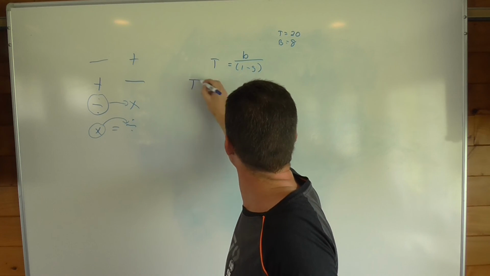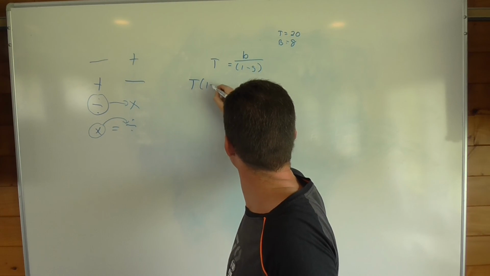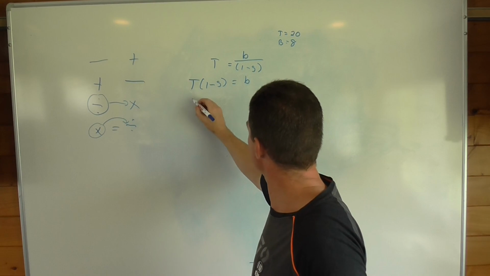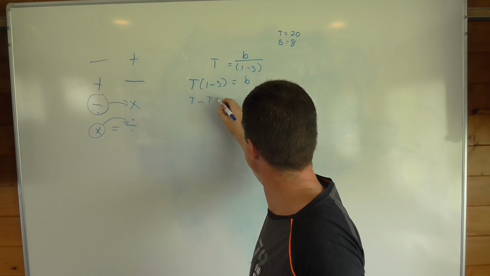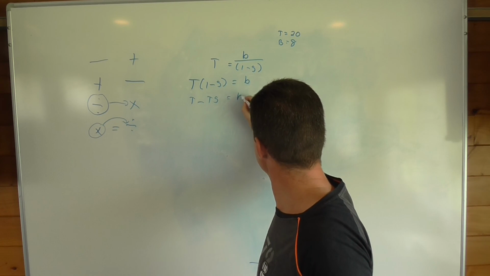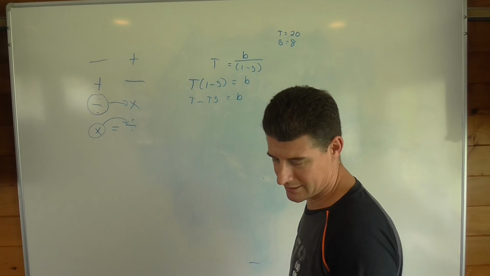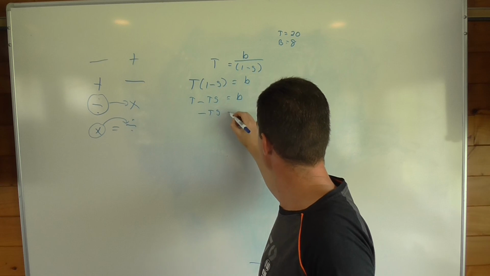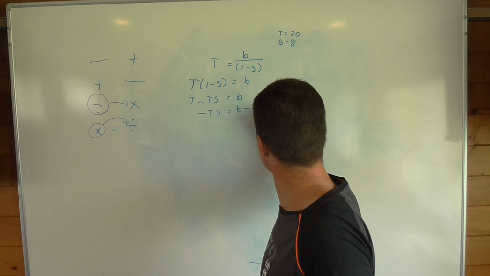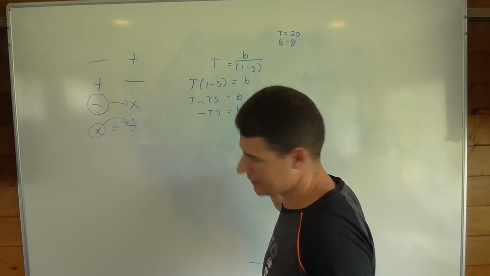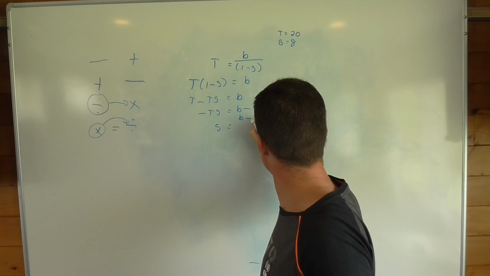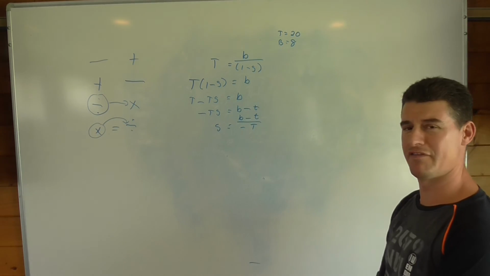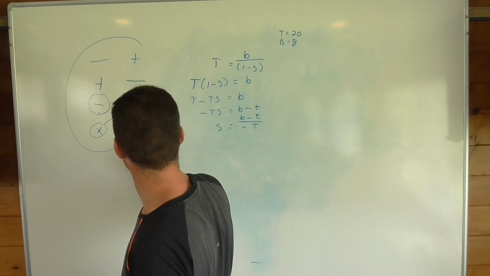So we've got T. See, this is dividing, so we multiply it by 1 minus S. That equals B. So T times 1 is T minus T times S is TS, and that equals B. Okay, so now we have to get rid of the T, so minus TS equals B minus T. So S then will be B minus T over minus T. Okay, I hope you followed that, but it's the same rules as what we did here, just applying it.